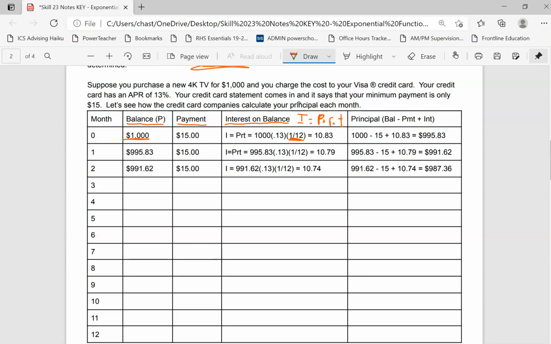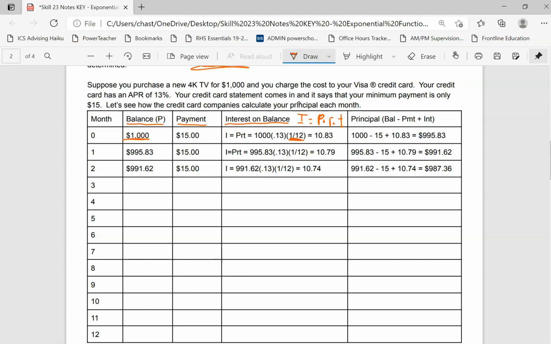To figure out your principal, what you're going to do is you're going to take your previous balance, subtract off your payment, add your interest, and that's going to tell you your new balance.